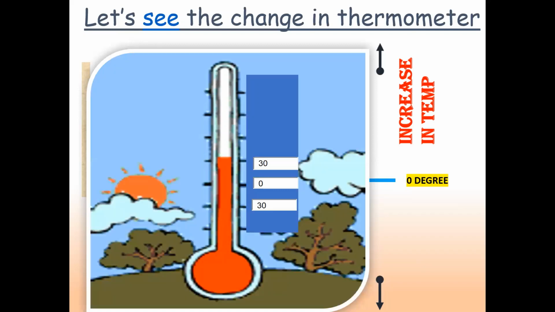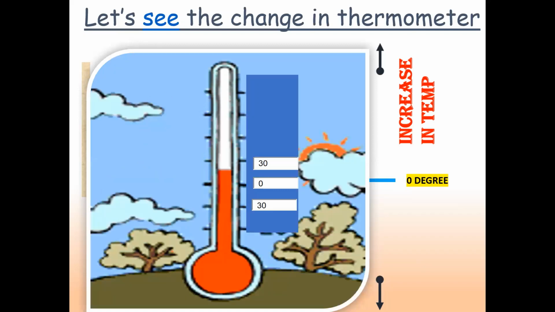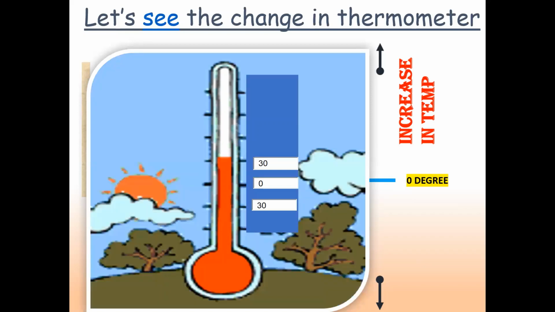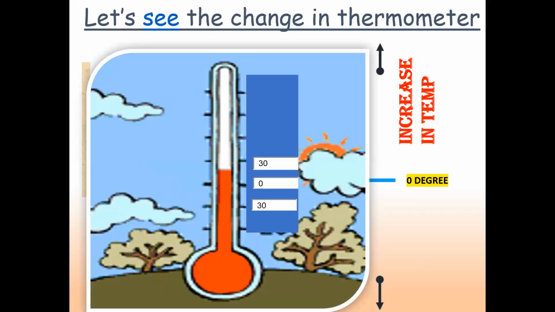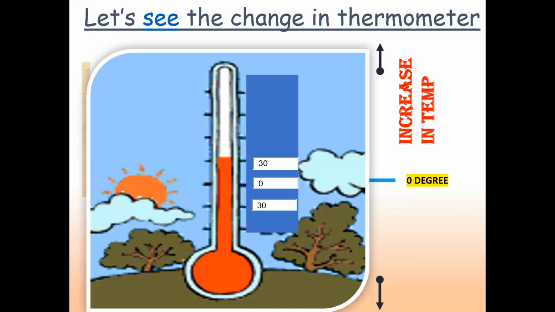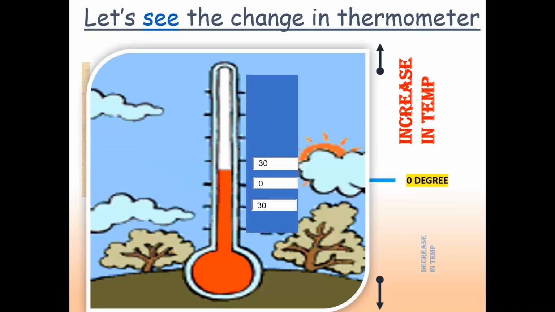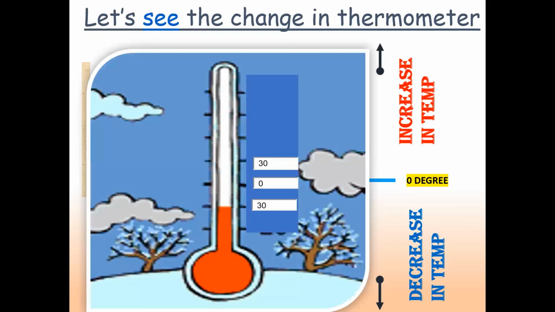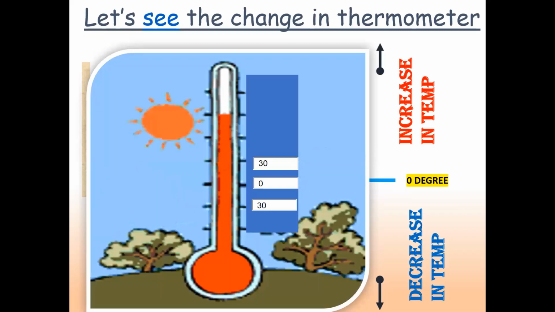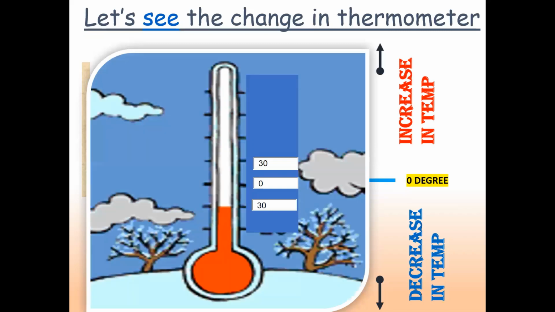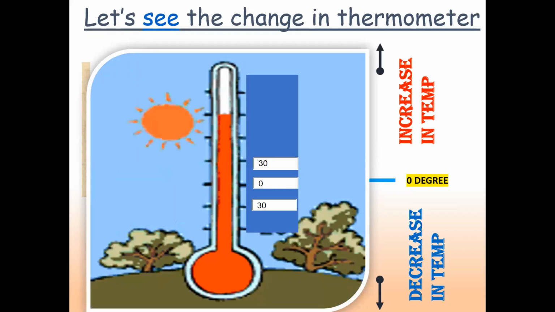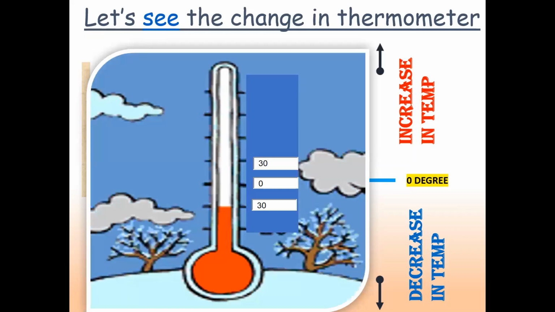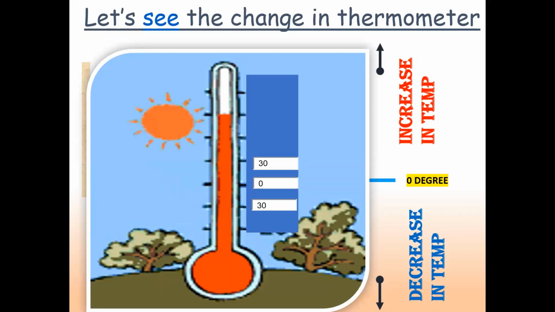And suppose in the summer days, the highest or maximum temperature noted was 30 degrees, and in the winter it was also noted 30 degrees but below 0. So that decrease in temperature, if you want to note it down somewhere without using words like below 0 degrees, above 0 degrees, then how are you going to represent that?